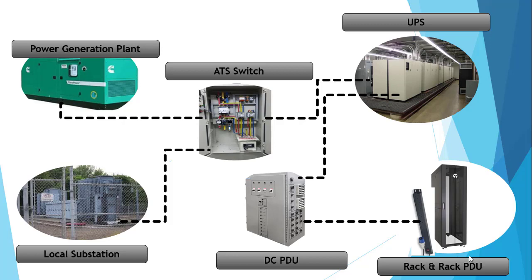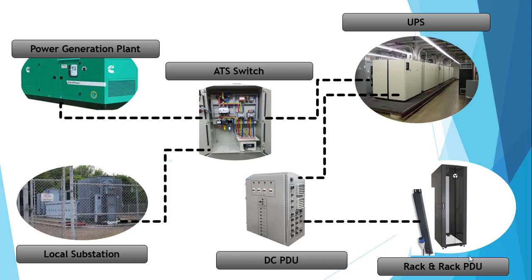Now it's time to talk about redundancy. So tell me, what is redundancy? Redundancy means if one fails, then you have something to fall back or something to rely on. So do you think we have maintained the redundancy in this diagram? No. So let's build the redundant power infrastructure.